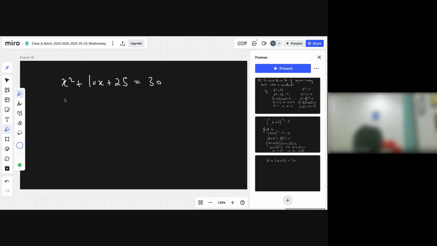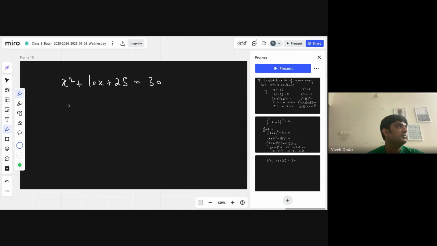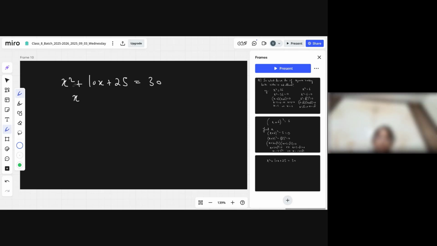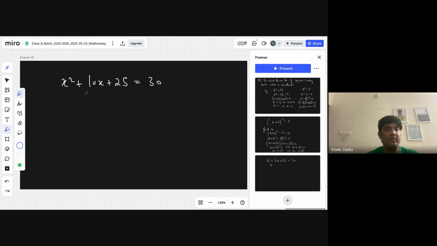Who has not got? Ashruta, what's the problem? Sir, I'm stuck. Ashruta, do you realize this is of what form? Arnav, you also can give.